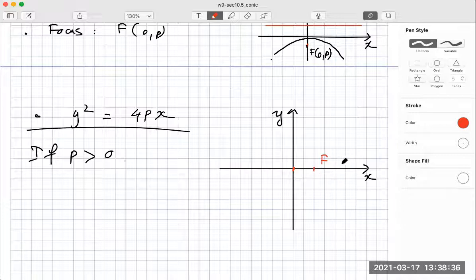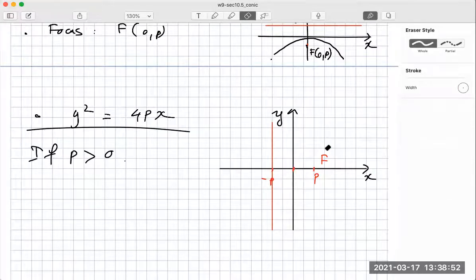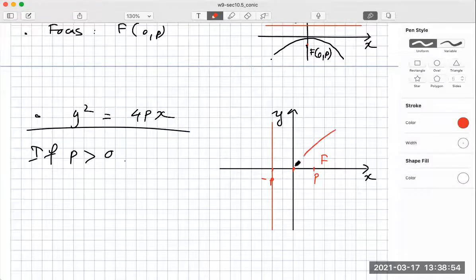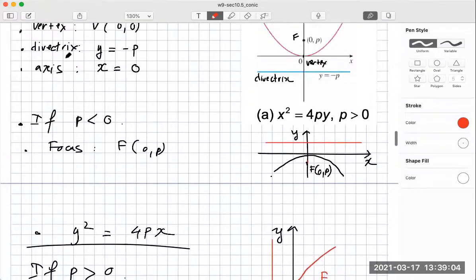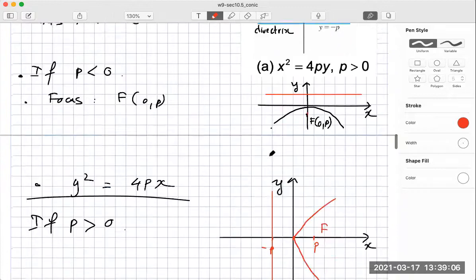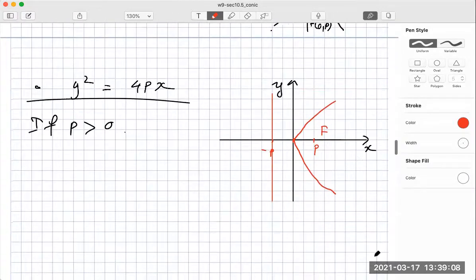It will be somewhere here. So the directrix will be at x equals negative p, which is this line, right? And so the graph of this parabola should be somehow like this. Do you agree? But all we need to know is how it behaves. So then we find the focus, the vertex, the directrix, and the axis.